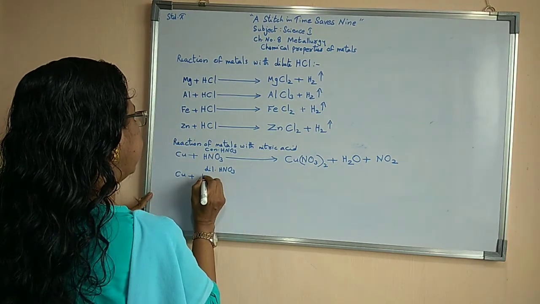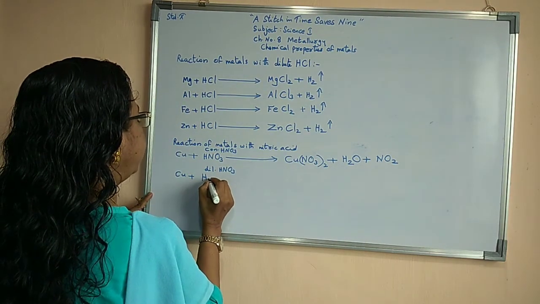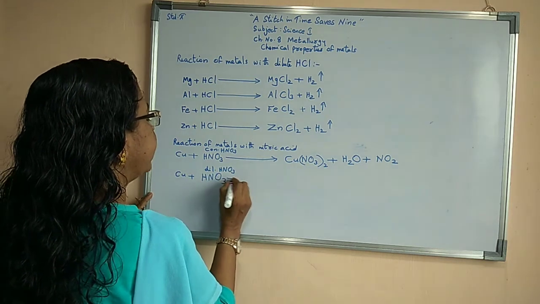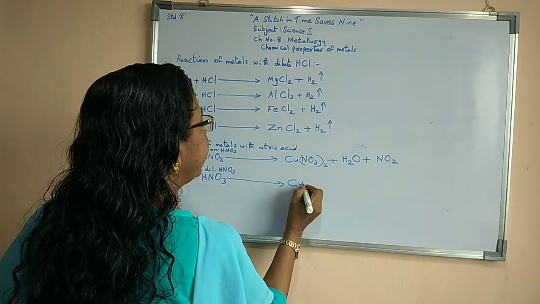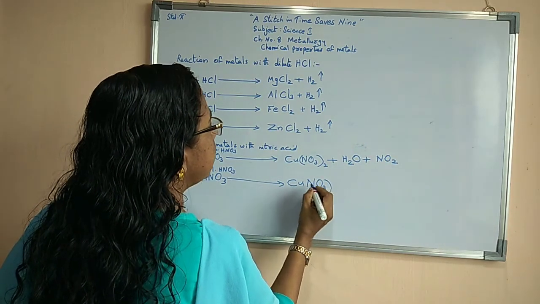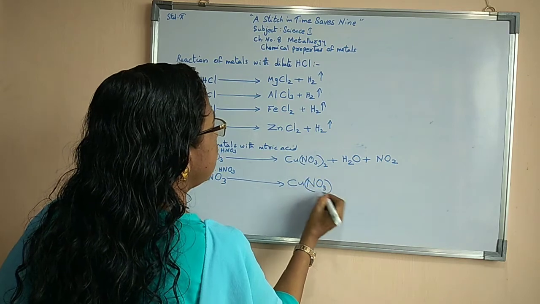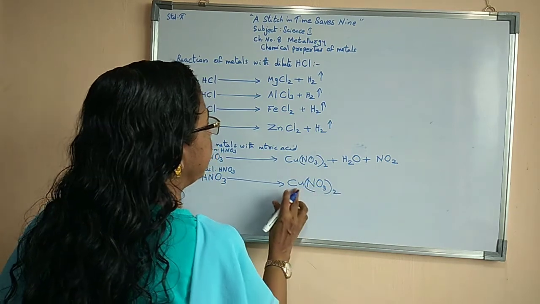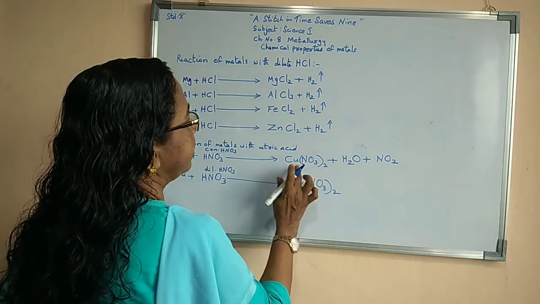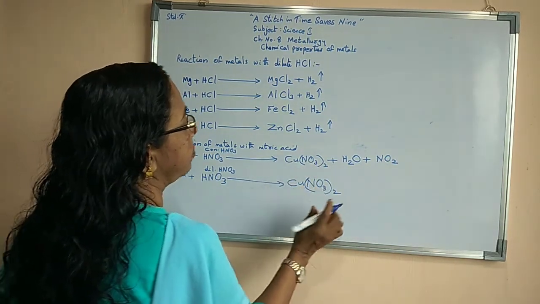In this case, copper reacts with dilute nitric acid. As a result of it, copper nitrate, same in both the cases, Cu(NO3)2, that means copper its valency 2, here also copper valency 2, nitrate its valency 1, here also nitrate valency 1.